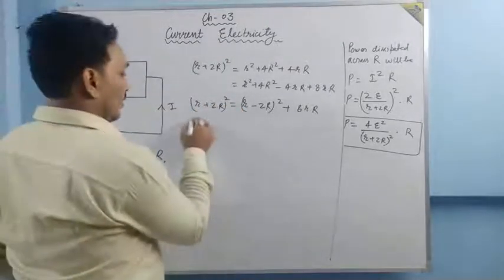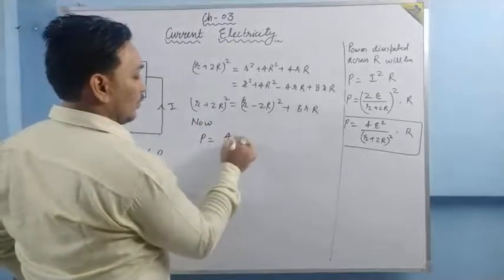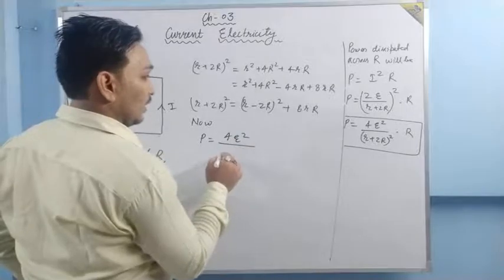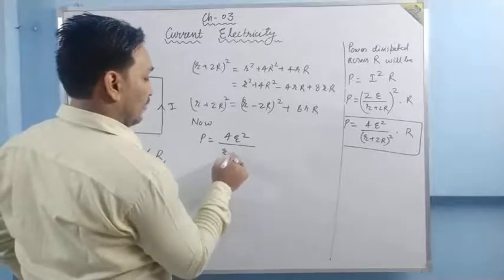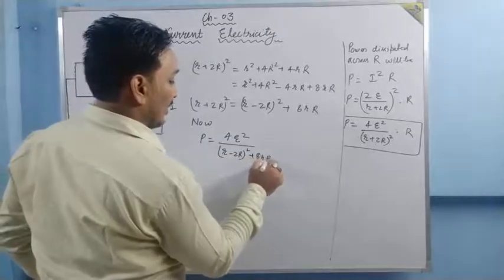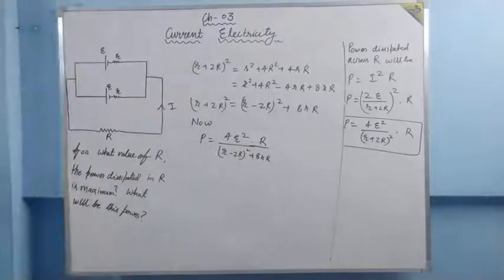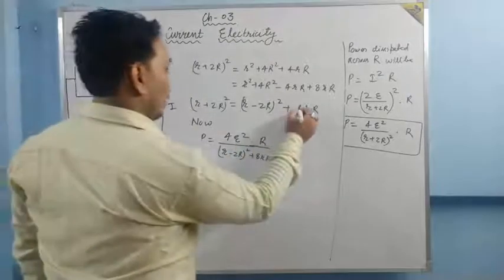In this, now power will be equal to 4E square upon, we can write r minus 2R whole square plus 8 small r capital R, into capital R. Okay, this is right.